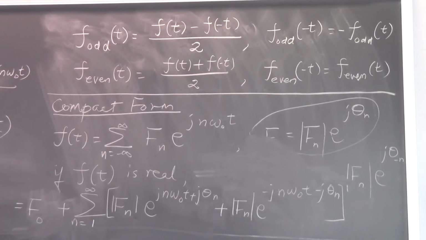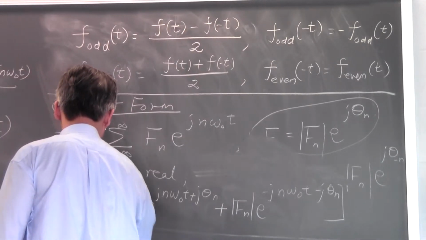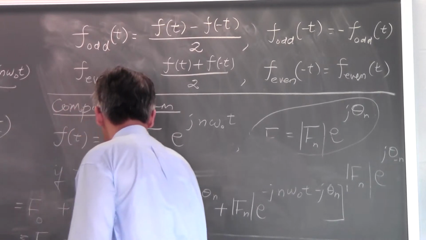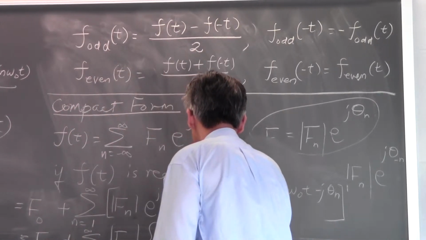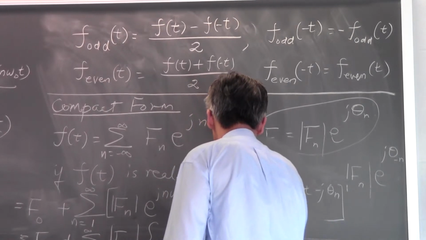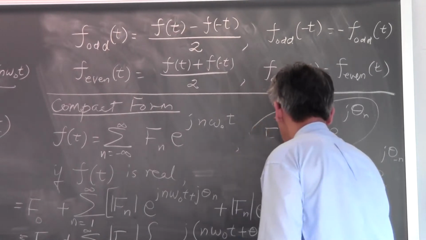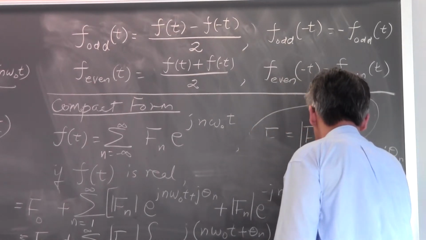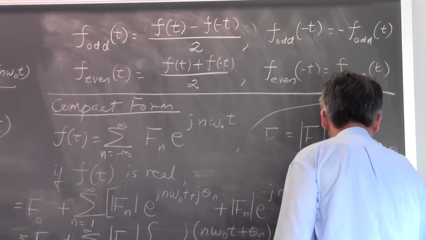Well, you can actually factor out the f sub n, right? You factor out the f sub n, and then what you have is e to the j n omega naught t plus theta n for the first term. The second term would be just equal to e to the minus j n omega naught t plus theta n.